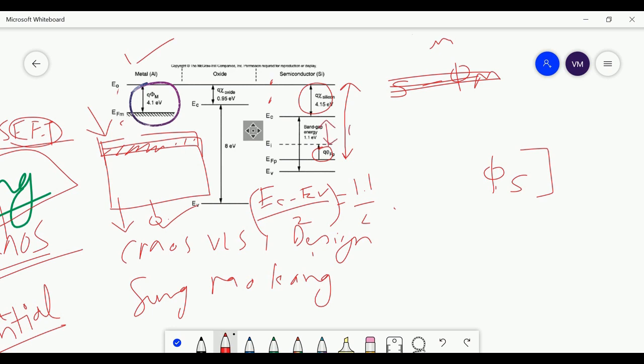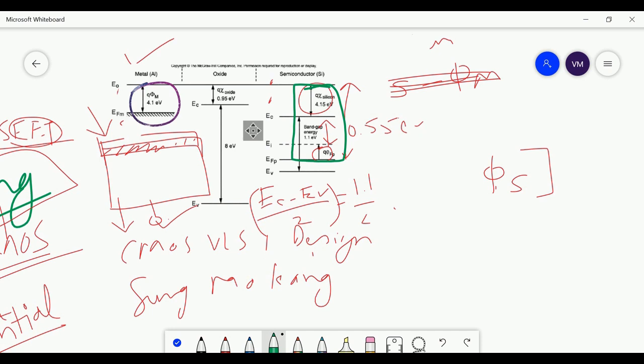Just now you have calculated it as 0.55 electron volt. Fine. So when you add all these three things, you will be able to get this entire thing, and this is what? The work function of silicon. So let us add all these things to get the work function of silicon.